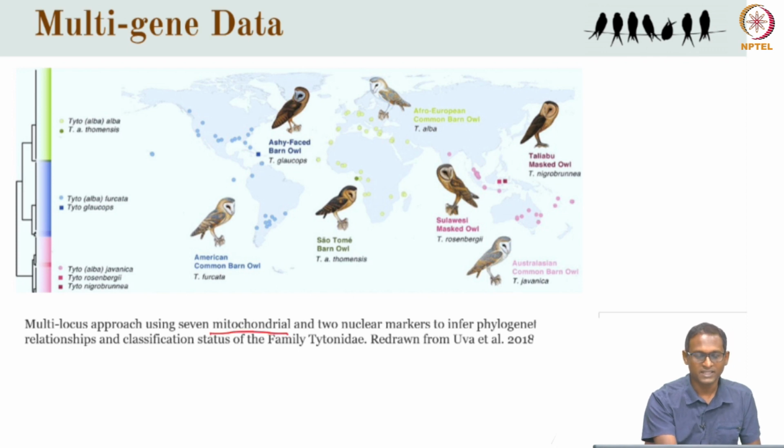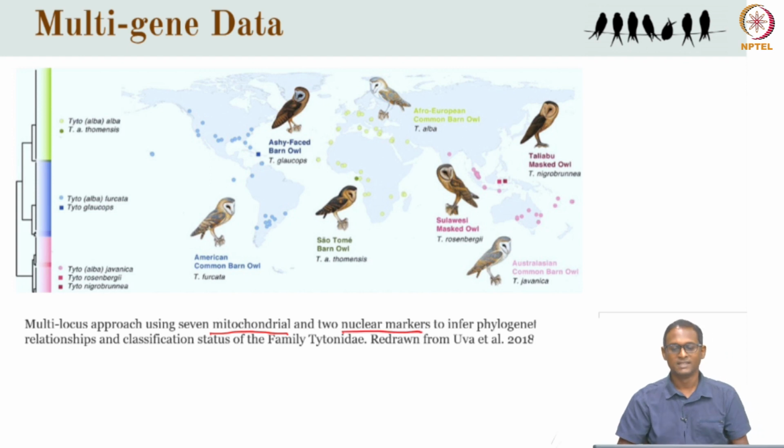Like this study had 7 mitochondrial genes and 2 nuclear markers, and they then went on to describe relationships between the Taito owls. Right. So this is increasingly seen to be the robust way to assess relationships between different organisms today.